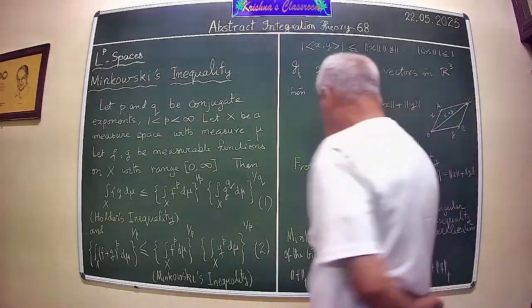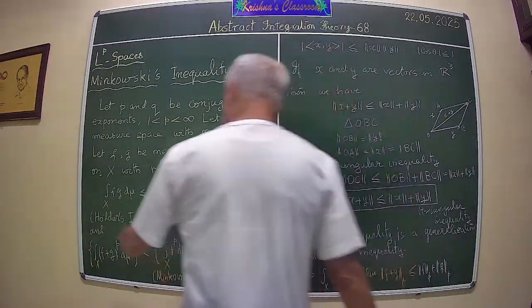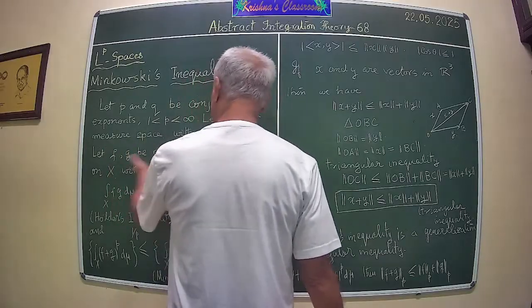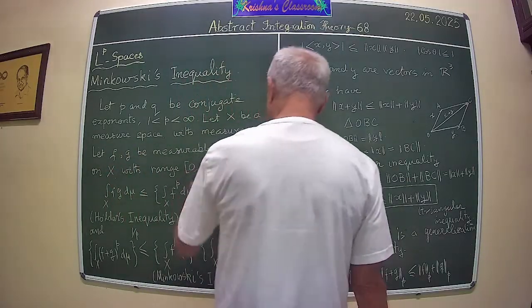Now you see that we have assumed here that f and g are measurable functions on X with range from 0 to infinity.